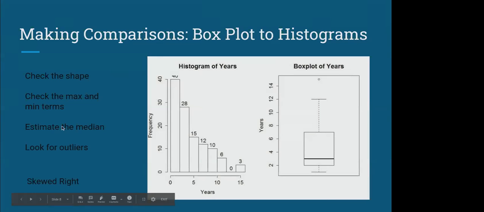Okay, to estimate the median. Now, in looking at a histogram, you must remember that the median just means half. And when we divide something in half, what is the percentage that we are looking for? What are the percentages on either side?